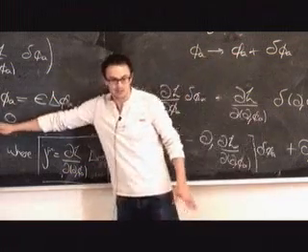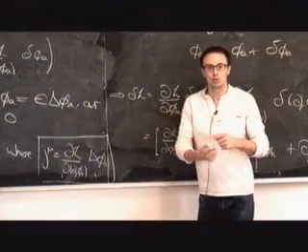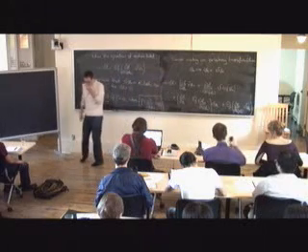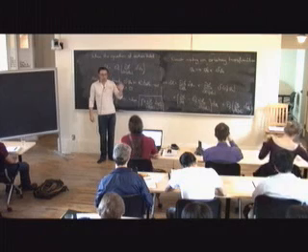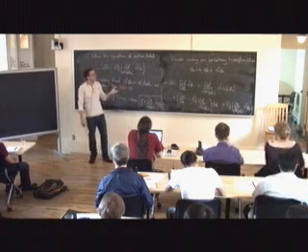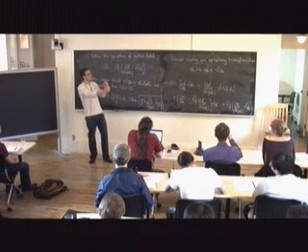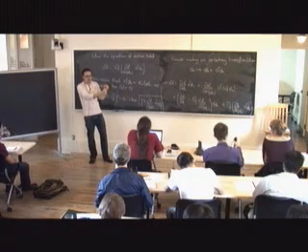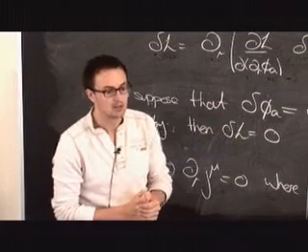You can go through it for simple examples, for the global transformation. Even in particle mechanics, I seem to remember when I was teaching it, if you do finite rotations, even that's a real pain to get the conserved angular momentum.